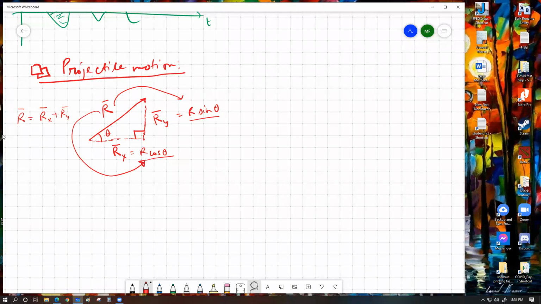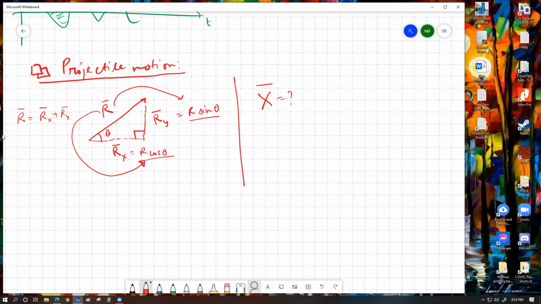Vice versa, if it so happens that for a certain vector quantity, let's say x, we want to find out this vector quantity, which means finding out its magnitude and also its direction.